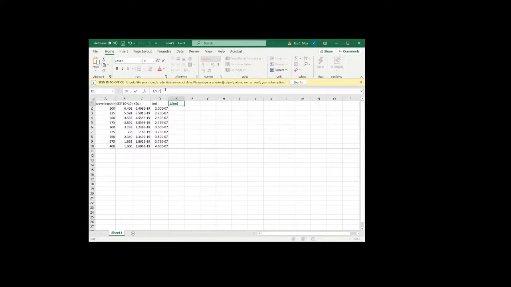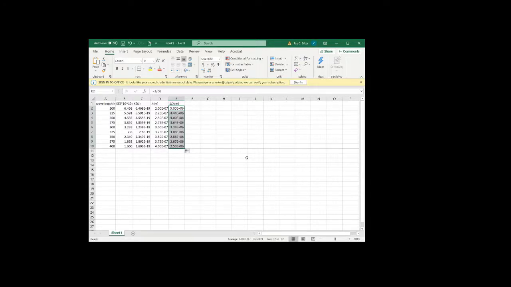And if we want to be fancy, we can make that the Greek letter lambda. I'm feeling fancy today. So I'm going to set this equal to 1 divided by that thing. Okay.